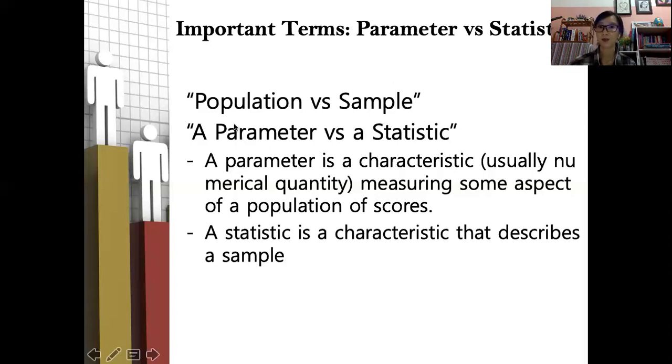Parameter is for population, statistic is for sample. Okay, so please remember these two terms because they will be related to other concepts that we are going to discuss later, yeah?